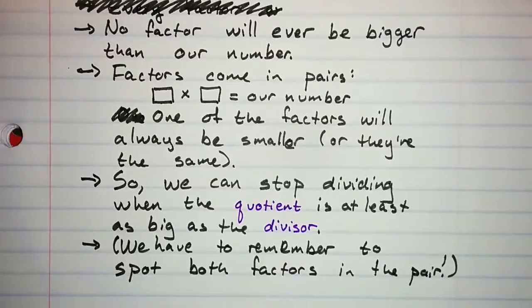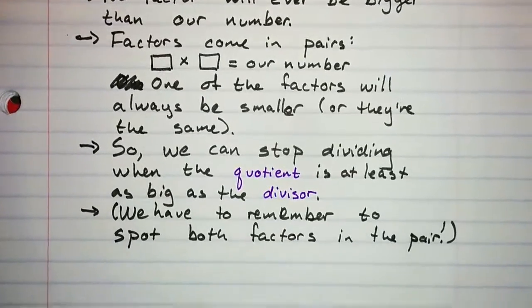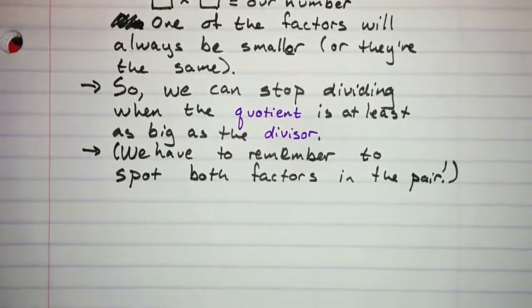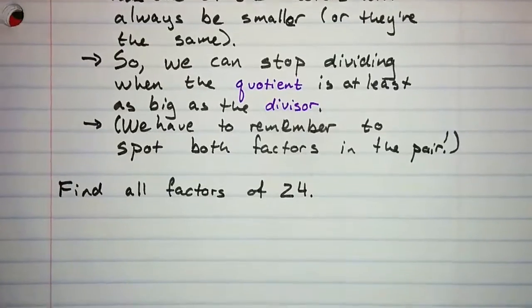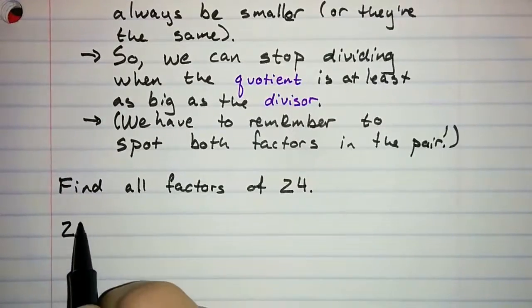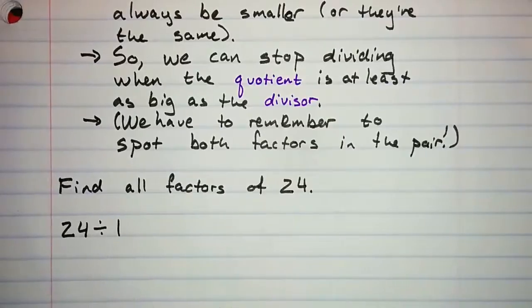All right, let's see how this works. Let's find all factors of, for example, 24. Right, so we're going to go through systematically and divide by each number. We'll do 24 divided by 1. Well, we know what that is. That's going to be 24.